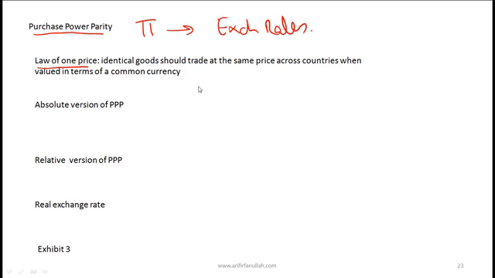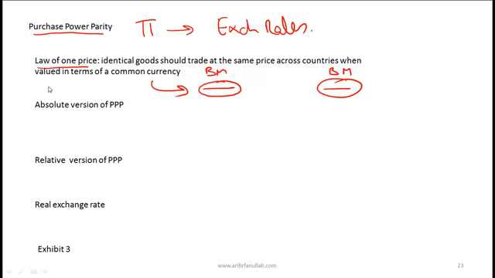In other words, if you have a somewhat identical item such as a Big Mac, according to the law of one price, a Big Mac should sell at the same price across the world. So that's what the law of one price says. Now, as I'm sure you already know, this does not hold in practice, but from a theoretical perspective, you need to know that this is what the law of one price says.